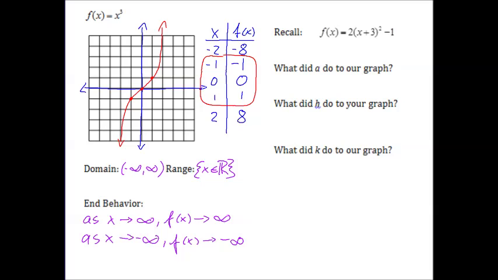But first of all, let's look back at our quadratic functions and recall what all those different numbers, all those different components did to our graph. What did A do to our graph? A, being this number, is the dilation. In other words, it is what makes the graph shrink or stretch and also flip up or down.